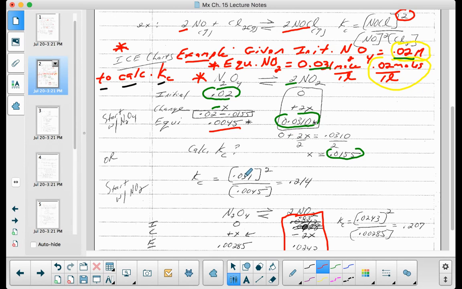Now I just plug it into the expression, because the expression is the concentration of NO2, my species that's on the product side, squared because of the coefficient 2, divided by the concentration that I have now solved for, that the N2O4 is at equilibrium. I do the algebra, I divide it out, I come out with a 0.214 concentration equilibrium constant for my Kc value.